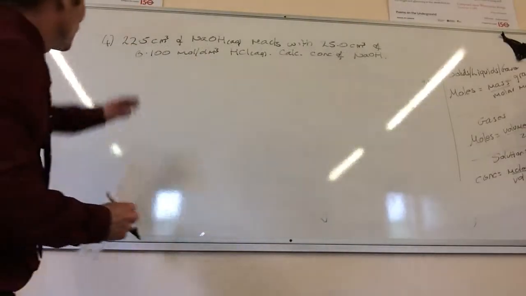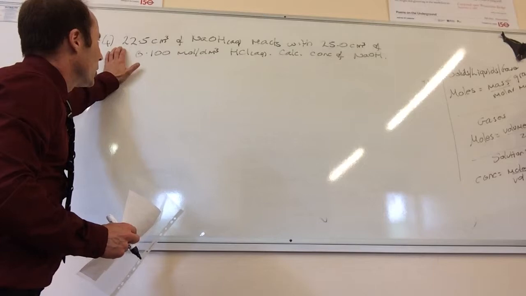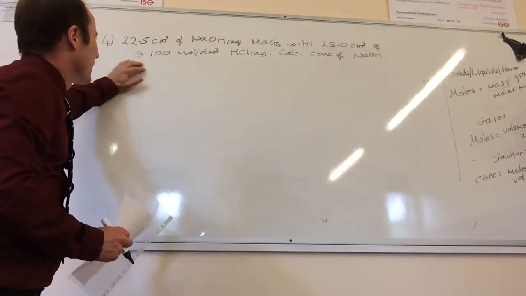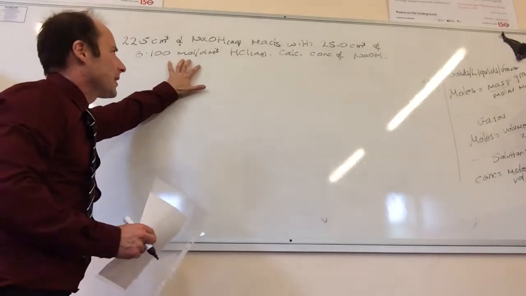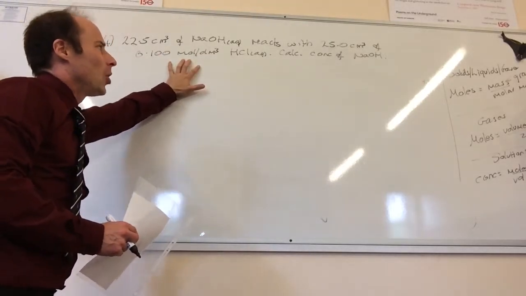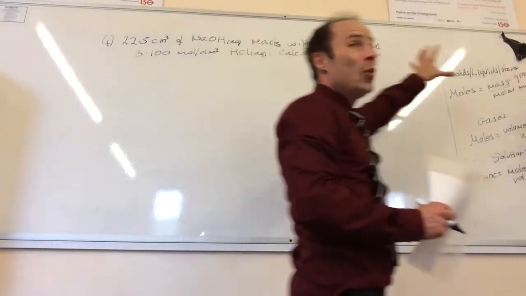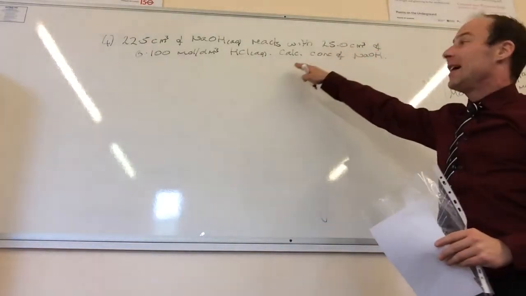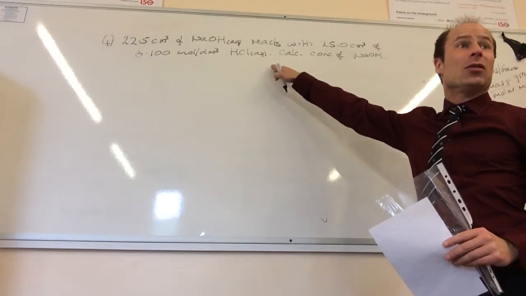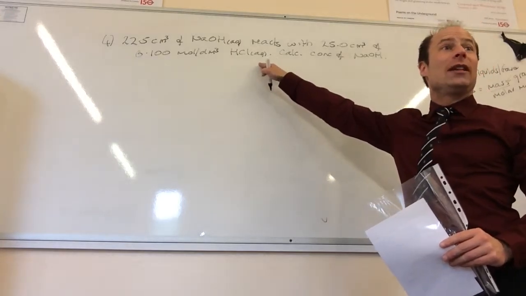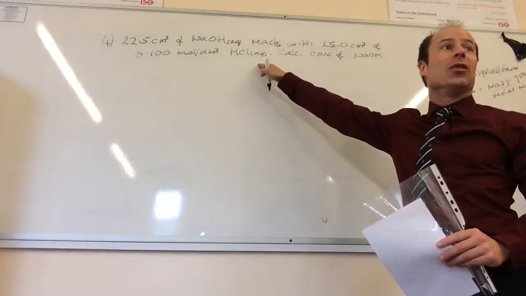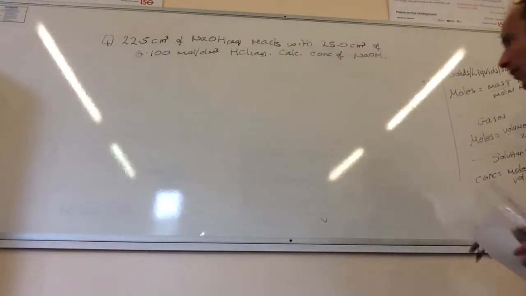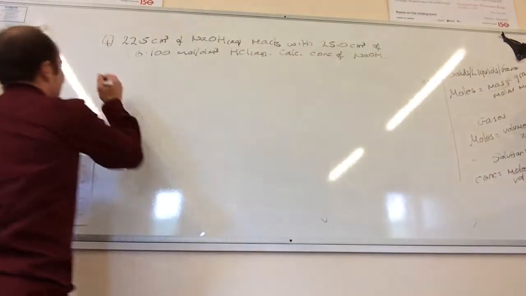They've told me 22.5 centimetres cubed of sodium hydroxide reacts with 25 centimetres cubed of 0.1 moles per decimetre cubed HCl. I need to do the concentration. So, which equation am I going to work with? Is this a solid, a gas, or a solution? Solution, brilliant. So I'm going to work with this one to find moles.